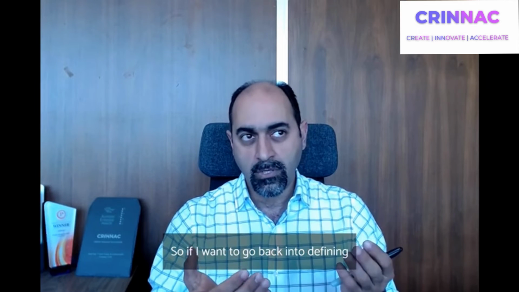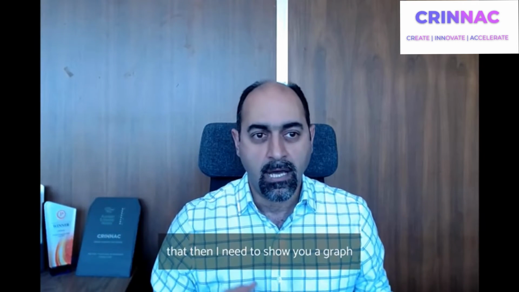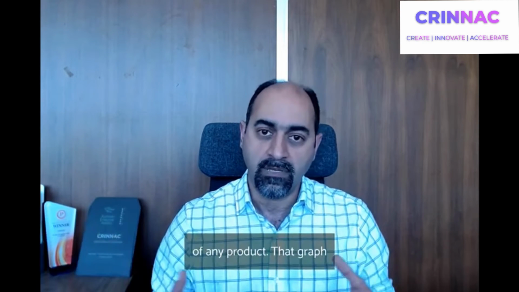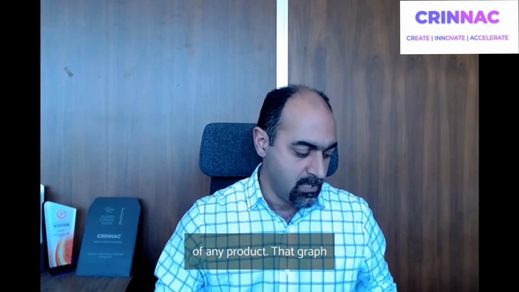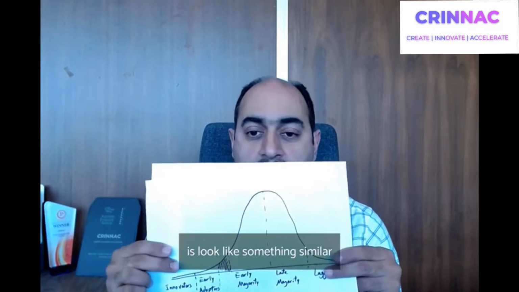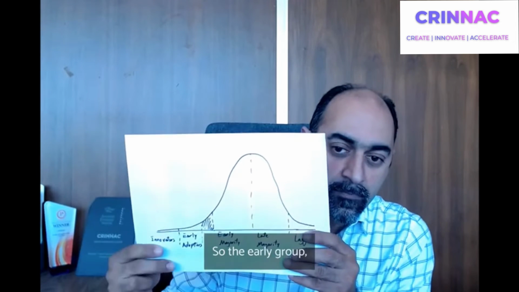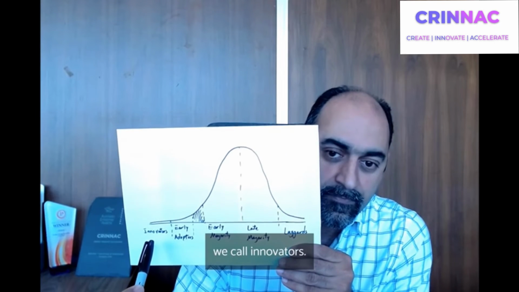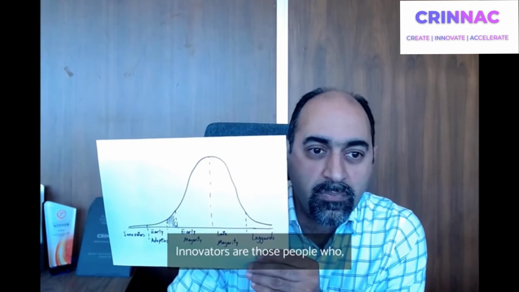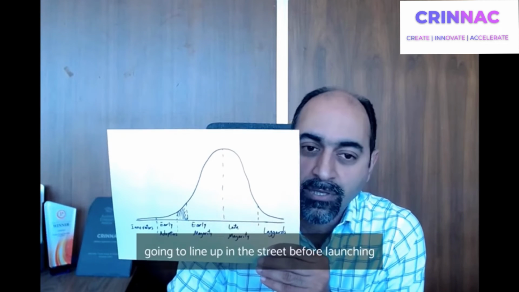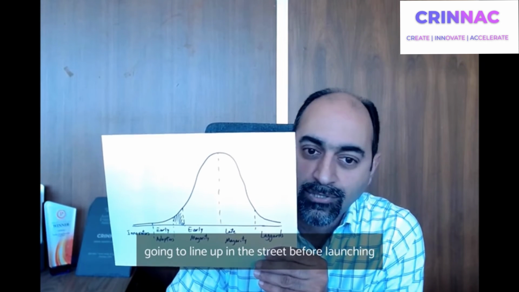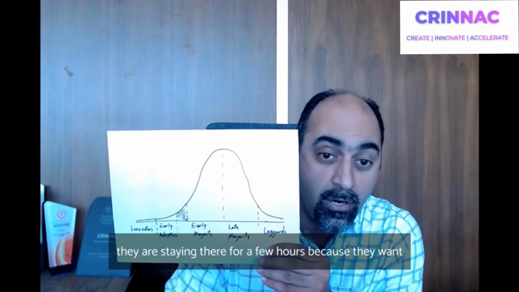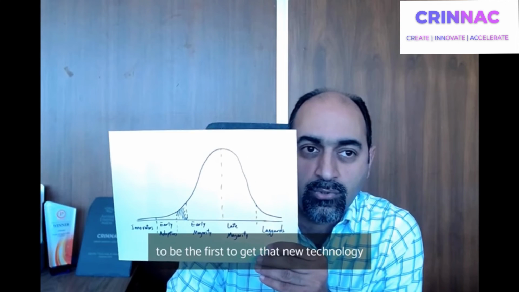So if I want to go back to defining that, I need to show you a graph, which is actually a customer lifetime of any product. That graph looks something similar to this one. The early group that's going to buy your product we call innovators. Innovators are those people who are going to line up in the street before the launch of a new product, for example a phone. They stay there for a few hours because they want to be the first to get that new technology.